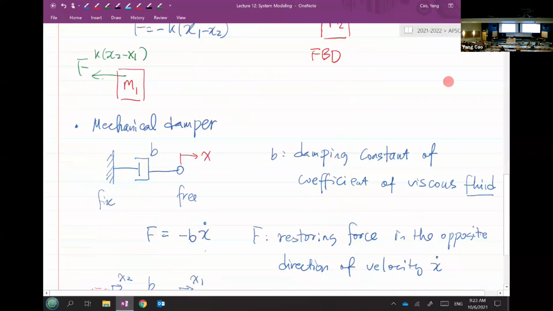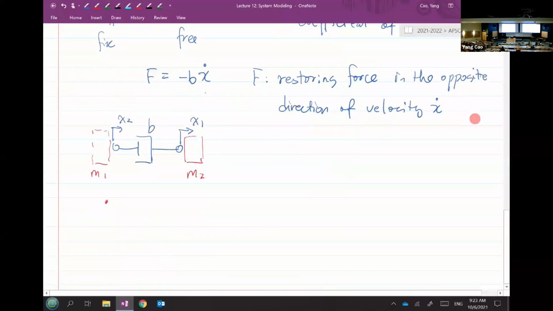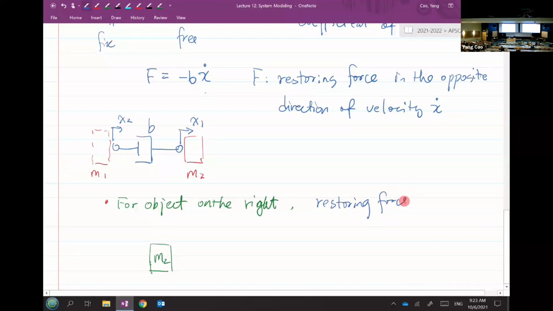Okay, so let's get back to the damper here, right? Let's do exactly the same thing. So let's say for the object on the right, which is M2 here, for the object on the right, how much restoring force is exerted by the damper?